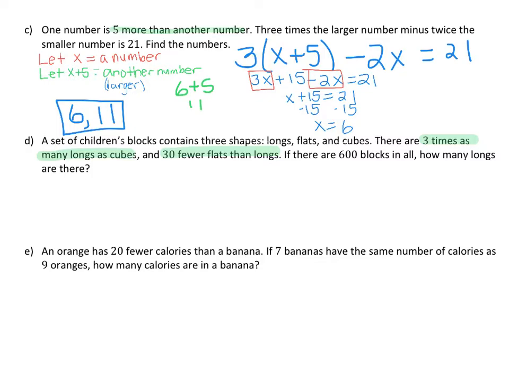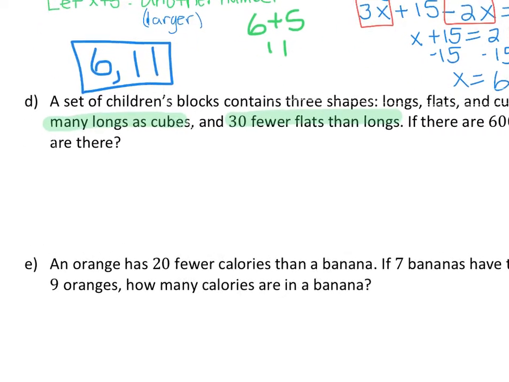I know that there are 3 times as many longs as cubes, which means I have more longs than cubes. So I'm going to let my smallest number be x. So let x equal cubes. I know cubes is the smallest number. So let's go ahead and write our let statements.